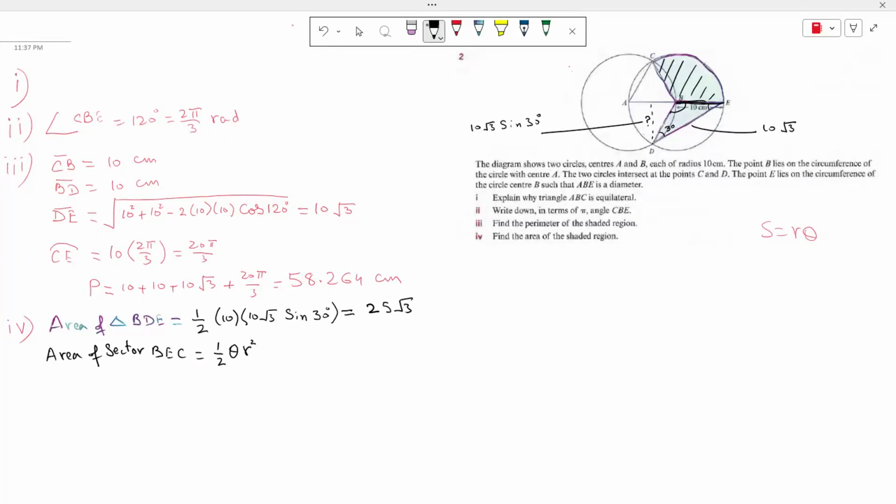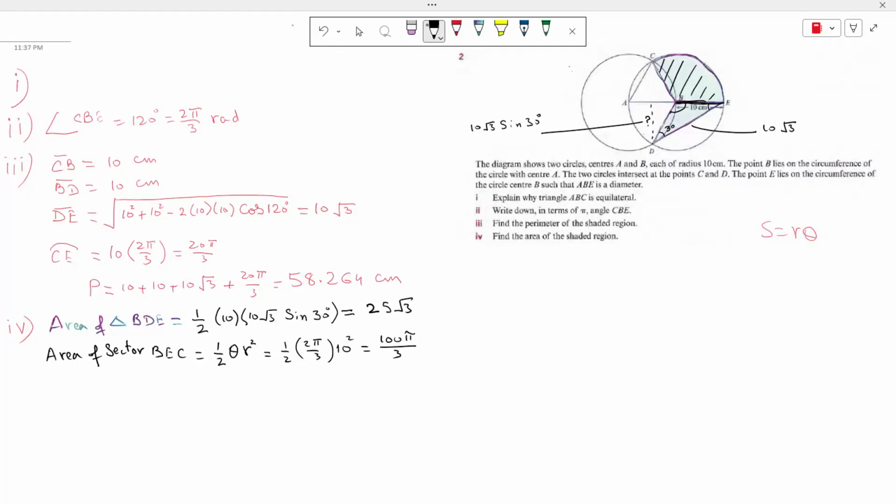Theta is this angle, which is 2 pi by 3, and r squared is 10 squared. When you simplify this, it comes out to be 100 pi by 3.